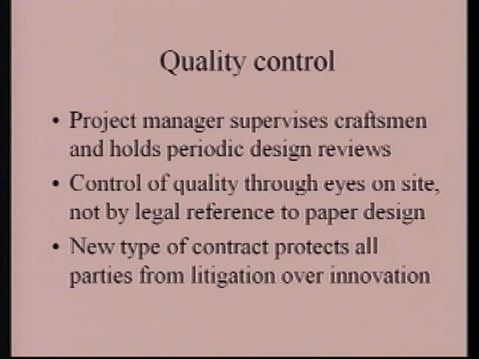What happens today is that a false type of quality control is legalistic, and everything is specified to the most minute detail, and the architect is not allowed even to go on the site, on the construction site.